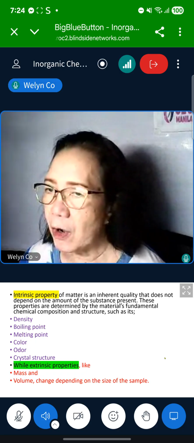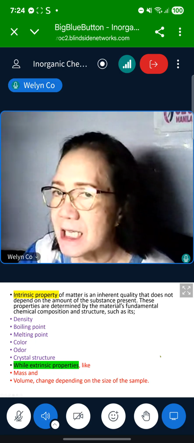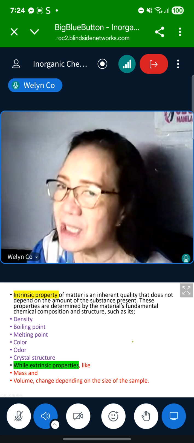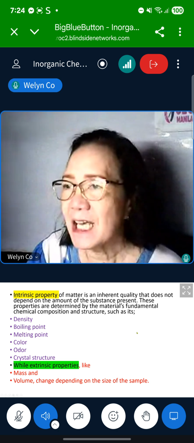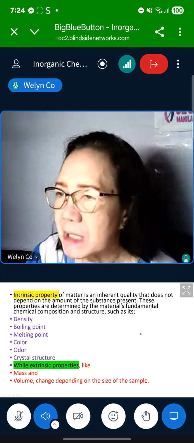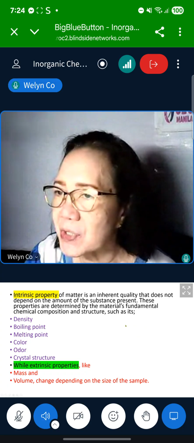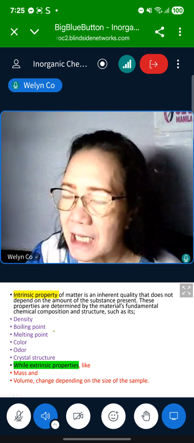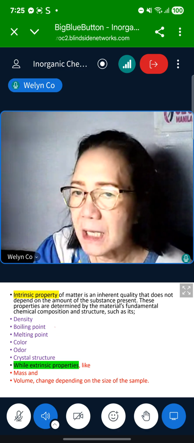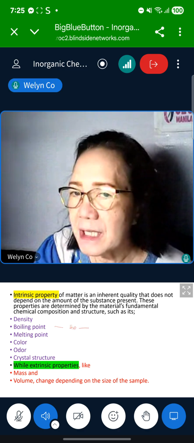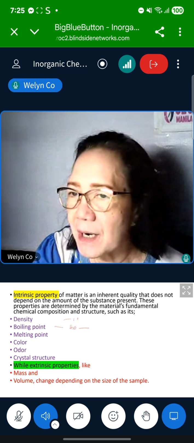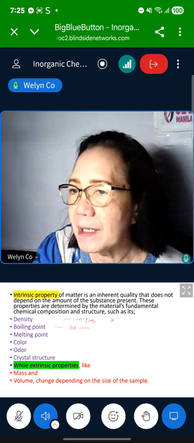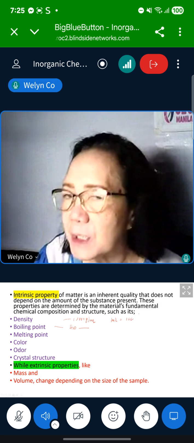So intrinsic property of matter is an inherent quality that does not depend on the amount of substances present. So it is not referring to the size. So these properties are determined by the material's fundamental chemical composition and structure as it is. So density, boiling point, melting point. Let's recall the density and boiling point of water. The density of water is 1.00 gram per ml. 1 ml is equivalent to 1 cubic centimeter.